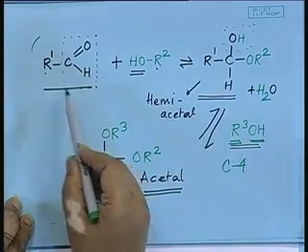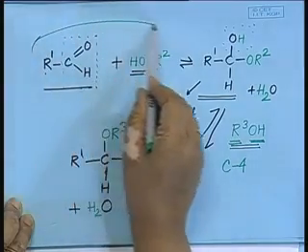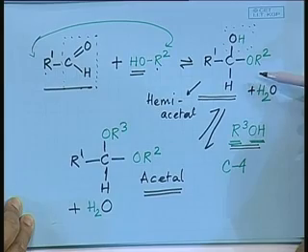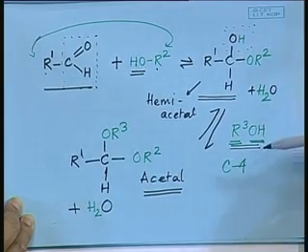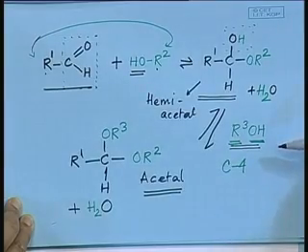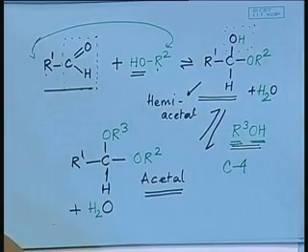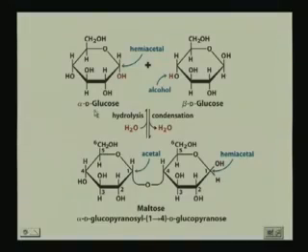Initially we had the straight chain which linked these two units together to form a hemiacetal. Once the hemiacetal was formed, it is now linking with another monosaccharide unit to form an acetal. That's exactly what is happening here. We have alpha D glucose, the hemiacetal, which is linking with what number carbon is this? Carbon number 4. This is carbon number 1, 2, 3, 4.